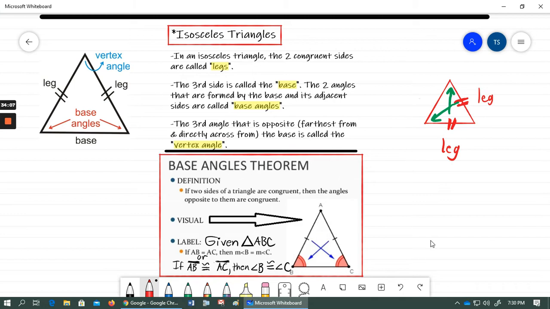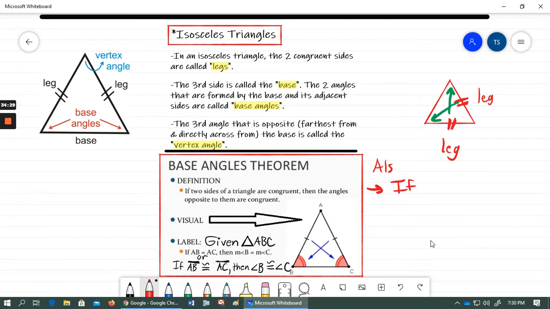But the converse of the base angles theorem is also true, and let me explain what I mean. The base angles theorem says that if you have two congruent sides in a triangle, then those base angles are congruent. The converse of that is also true.